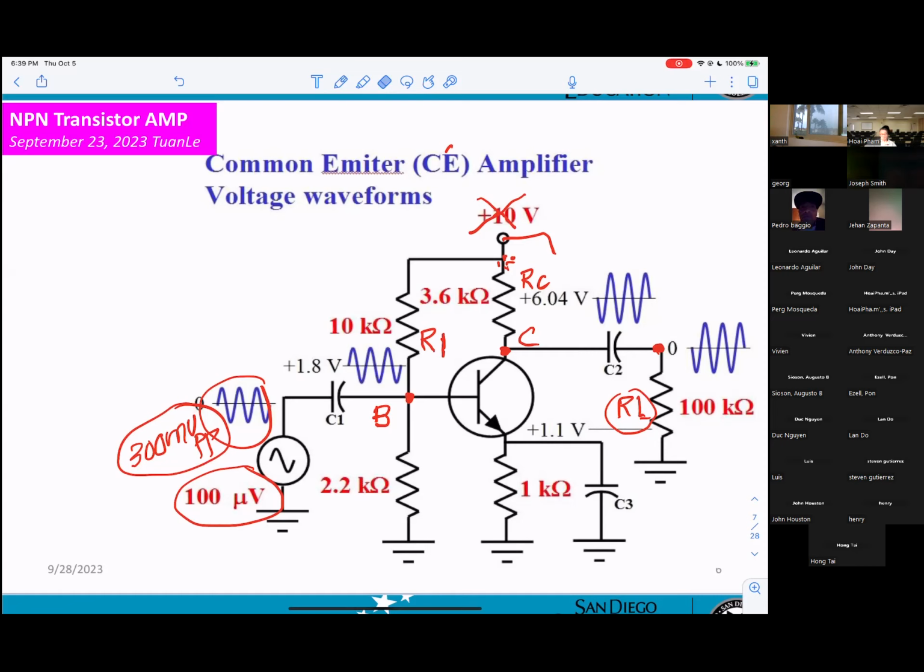However, one more question here. When you need to get to 100 microvolt, or 10 millivolt, how can we do that?